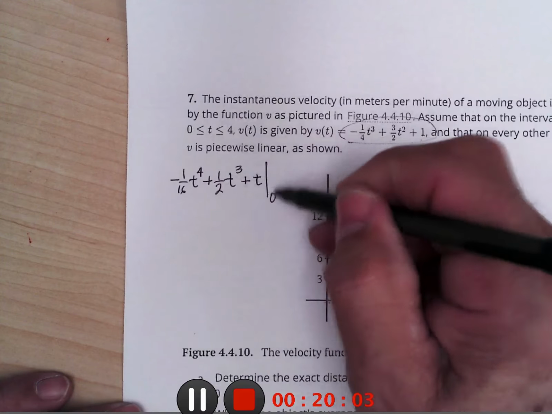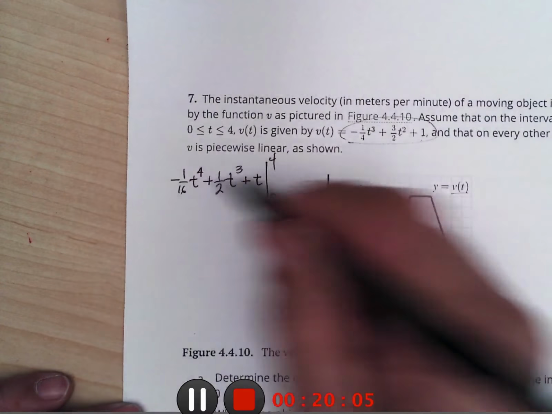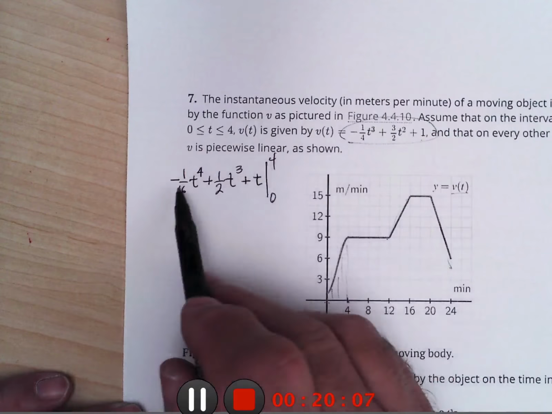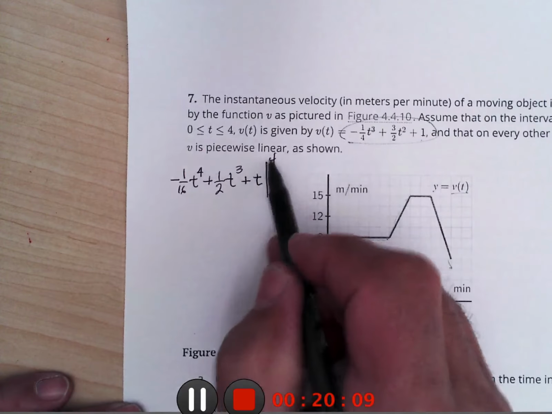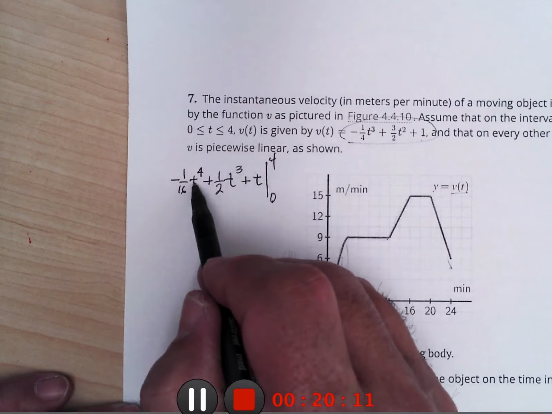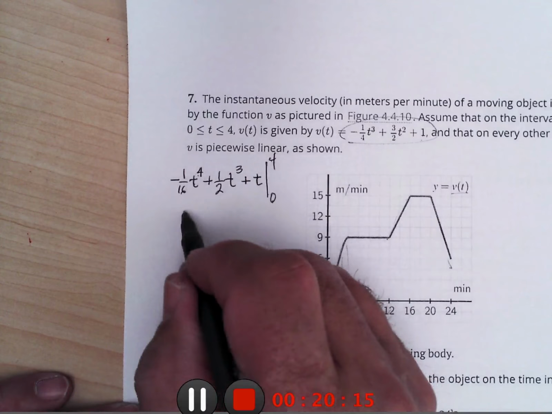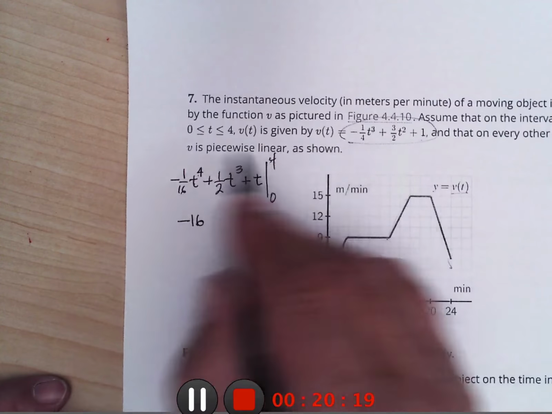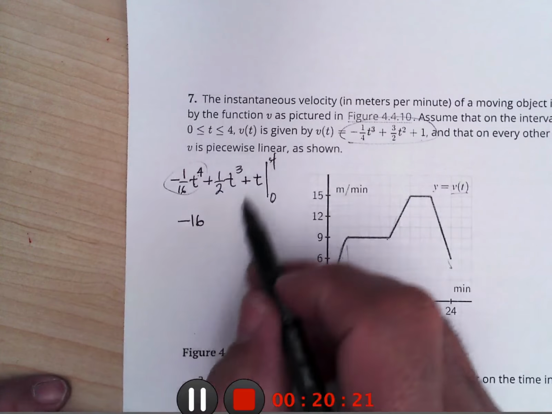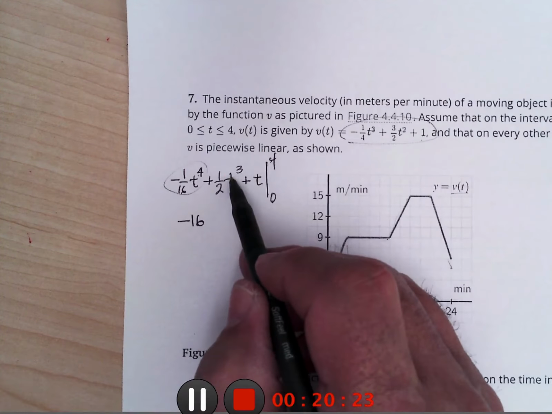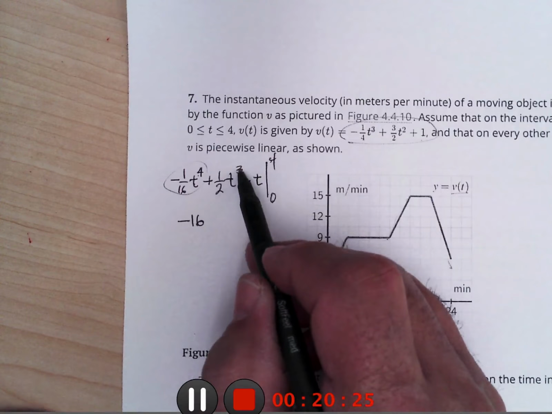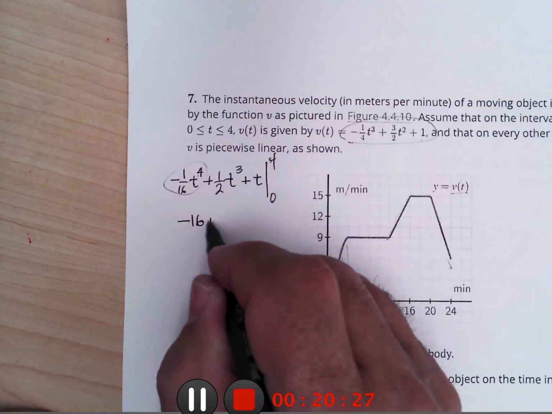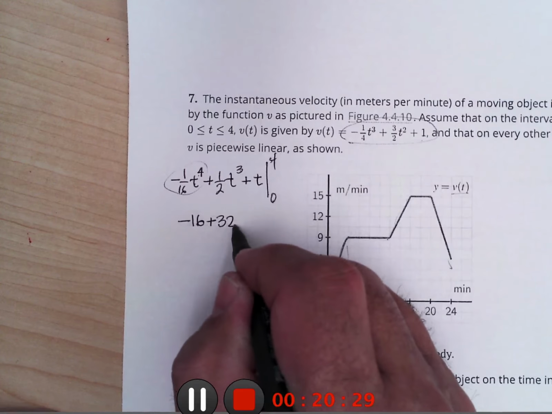And 0 into this is 0, so all we have to really do is do 4 into here. And 4 times 4 is 16, which would cancel that, times 4, which is 16. 4 into this is 16. And this would be 4 times 4, 16 times 4 is 64, divided by 2 is plus 32 plus 4.